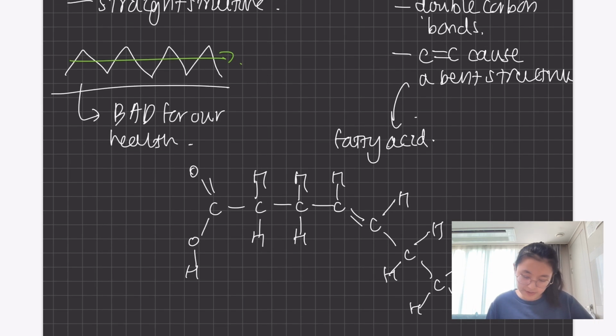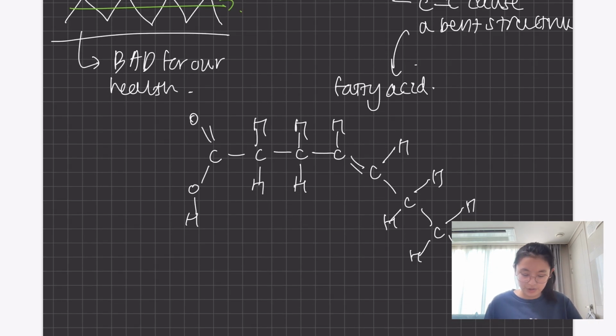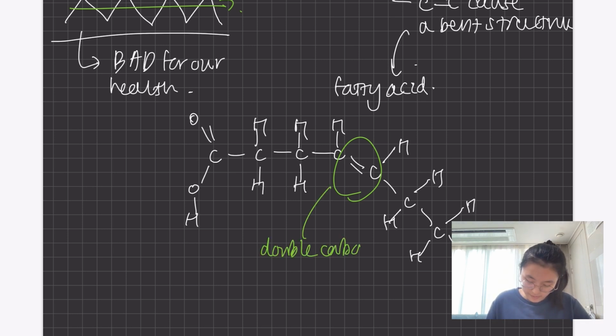Okay, so there you have it. This is an unsaturated fatty acid structure. And as you can see, because we have a double carbon bond right here, this introduces a bend to the general structure. So because of the double carbon bond, the structure of the fatty acid essentially bends.